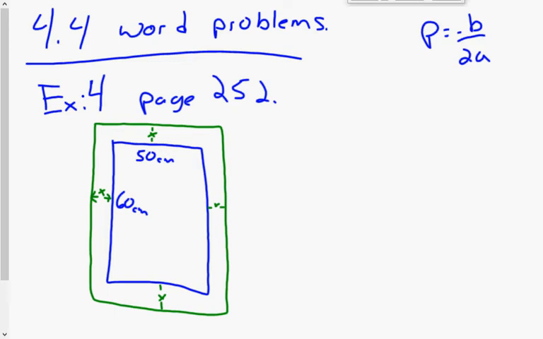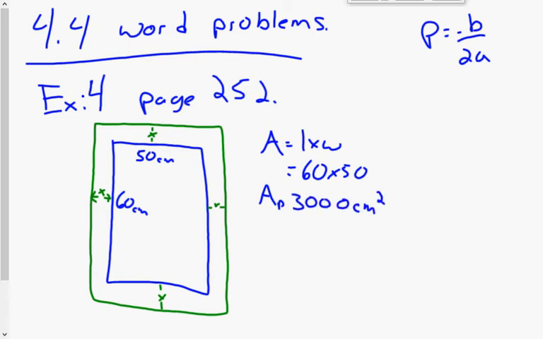Okay, we also know that the area of the mat is twice the area of the picture, right? So we know the area of the picture, I'm going to do that in blue. Remember, length times width, so that's going to be 60 times 50, right? So the area of the picture, so I'll put A with a P subscript, is going to be 3,000 centimeters squared.